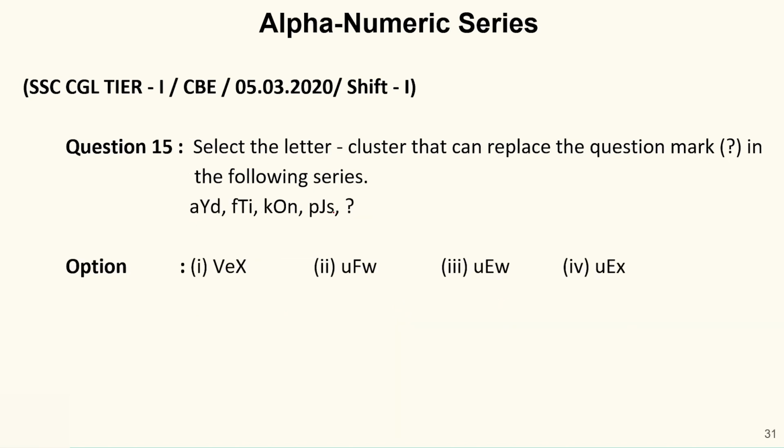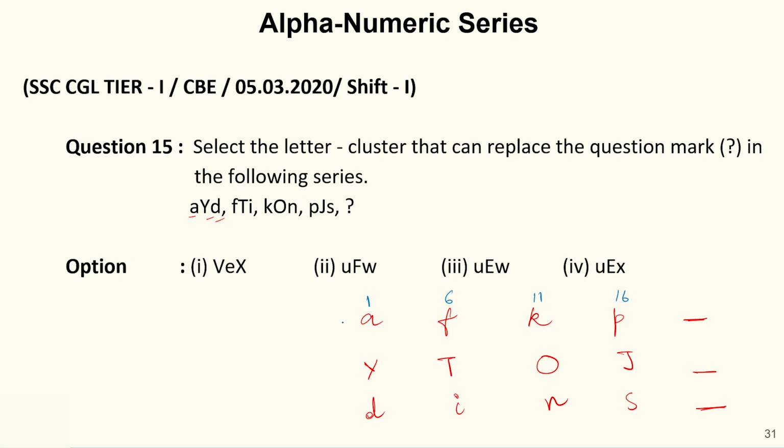Then this one. Again, we can treat it as 3 different series. Let's write. For the first, we have A, F, K, P, and then we have to find out. Then we have Y, T, O, J, then we have to find out. And here we have D, I, N, S, and then we have to find out. Okay, so A is positioned at 1, F is positioned at 6, K is positioned at 11, and P is positioned at 16.